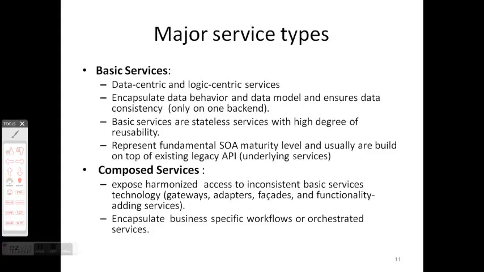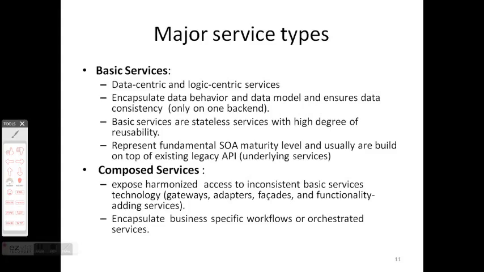Being stateless means that the service user does not need to know what's happening at the end of the service provider, and there will not be a constant communication established between the service user and the service provider.